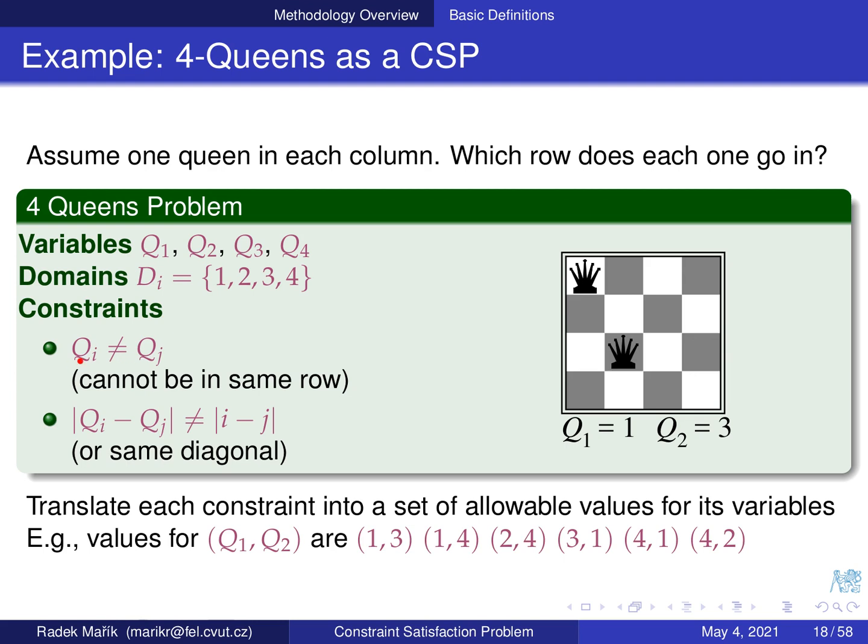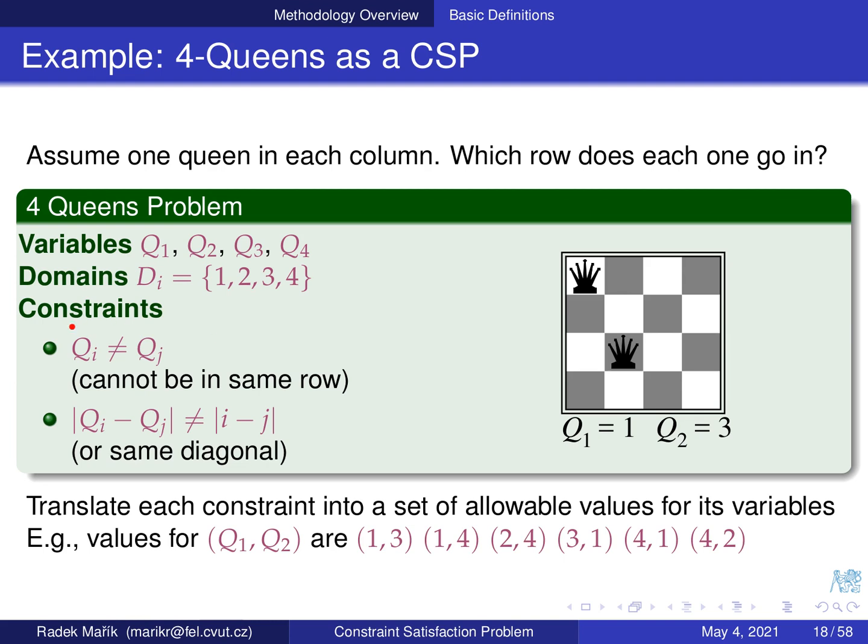Basically, 2 queens cannot be in the same row. That means Qi is not equal to Qj. And also, they cannot be on the same diagonal. That can be expressed in that the difference between the rows must be different from the difference of the column indexes.